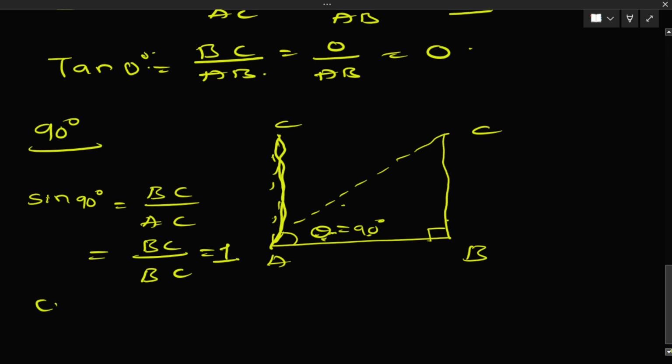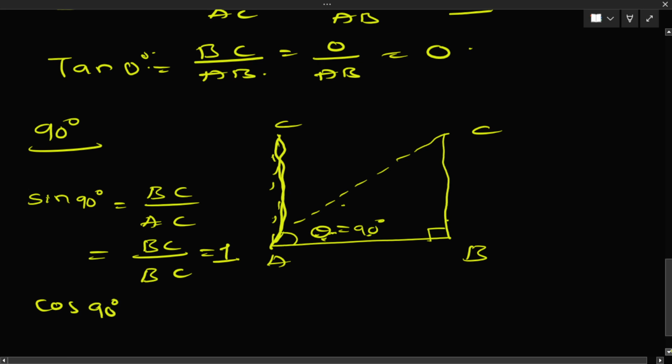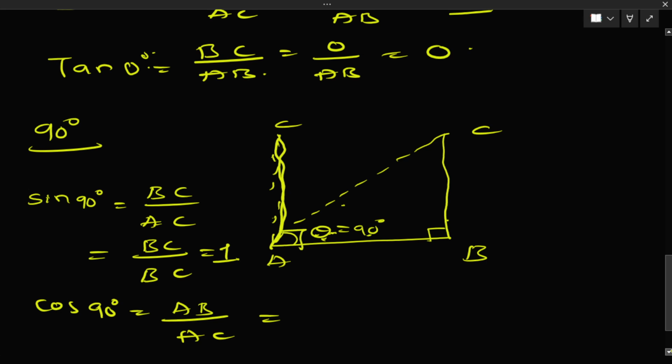What about cos 90? By the definition, cos theta is equal to adjacent by hypotenuse. If I consider this theta, here BC and AB.